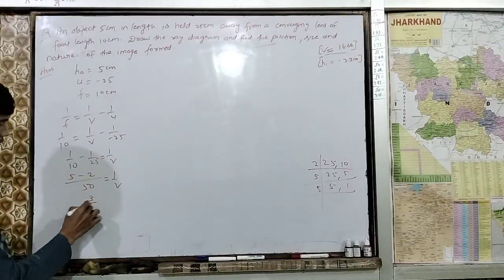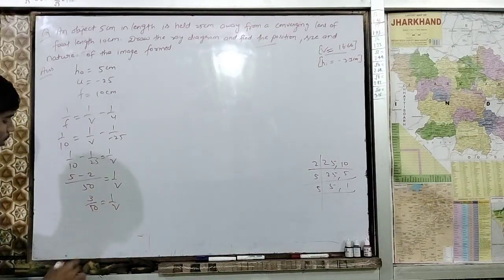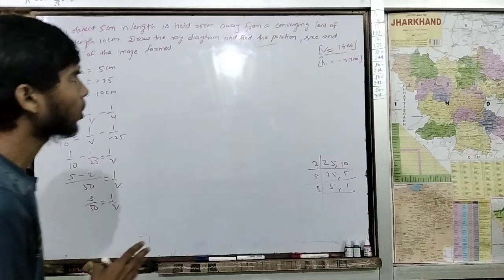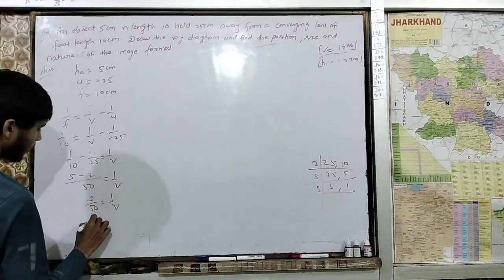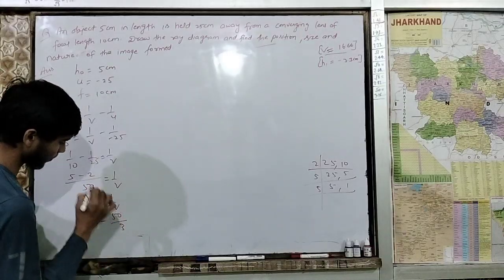Now this is giving you 3 upon 50. Now tell me, what is happening over here? It is giving you v is equal to 50 upon 3, isn't it?